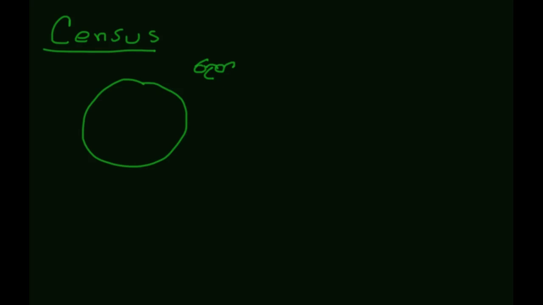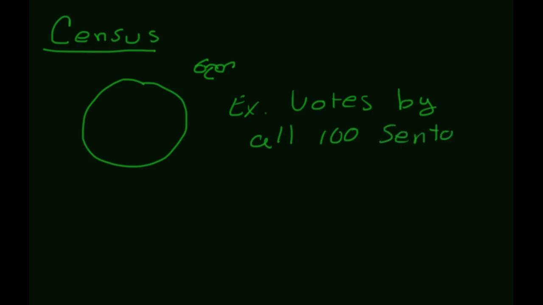So examples of this would be the votes cast by all 100 senators. That's a data point that's measured about the entire population.